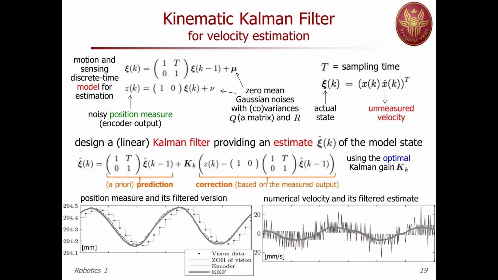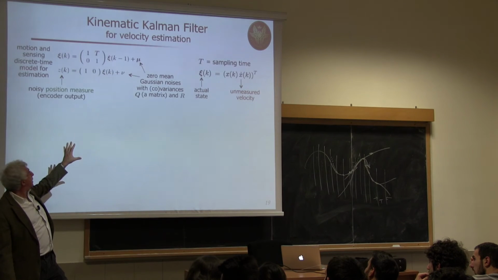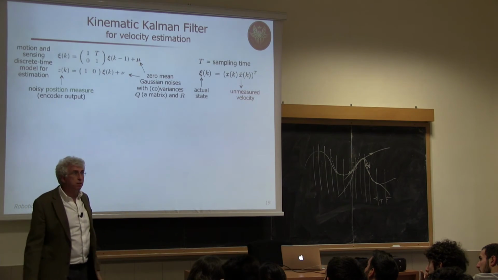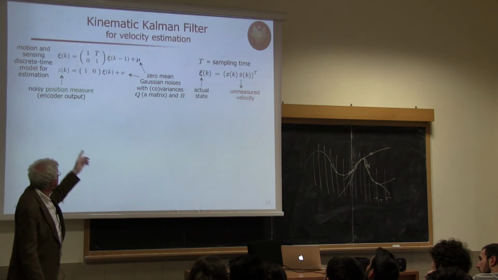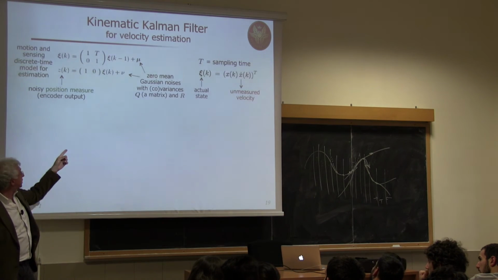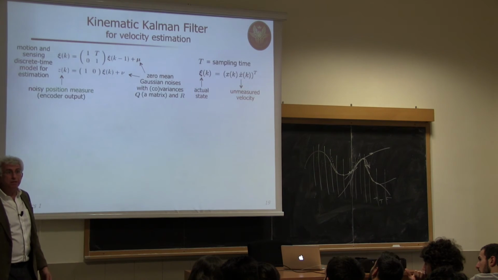Plus you have an output equation, and the output equation is the measurement z, which takes only the position as a measurement, for instance, through an encoder, and it adds some Gaussian noise again. Okay? So this is how you model the system, and now on this system, with some hypothesis on the variance and covariances of the noises, remember that nu is a scalar noise, mu is a vector noise, so for the scalar you talk about mean and variance.